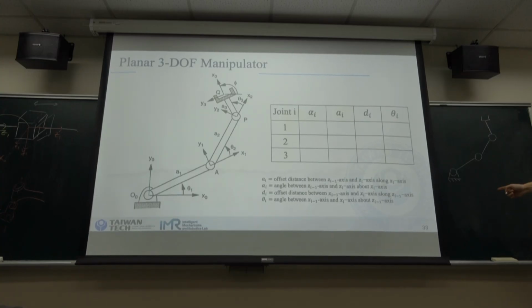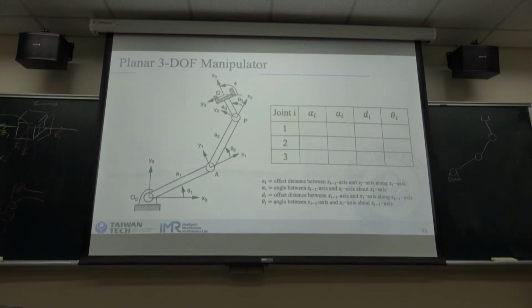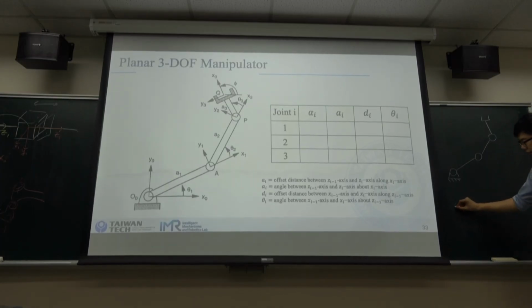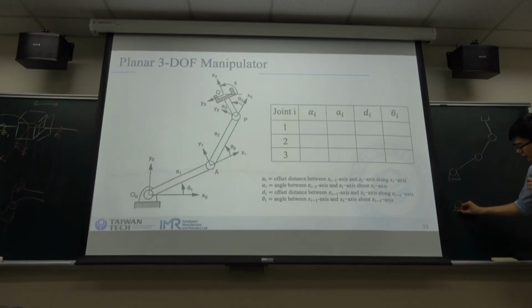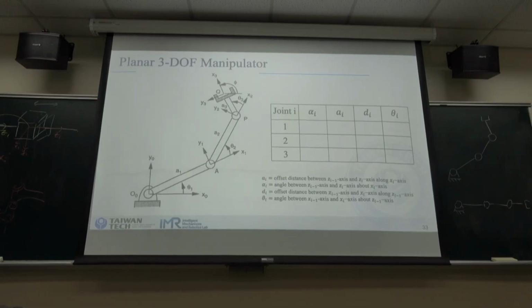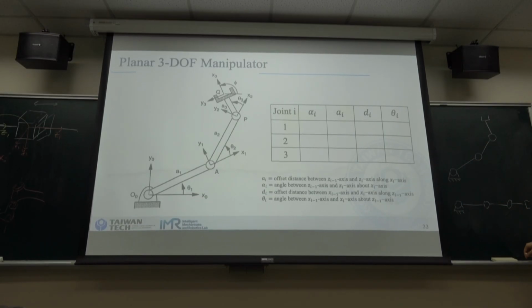So normally when we see a robot, it is in a random configuration, and we need to set a zero configuration. It means the initial configuration of the robot. The easiest is maybe to let it line up in a straight line. Or you can set this one as a zero configuration.